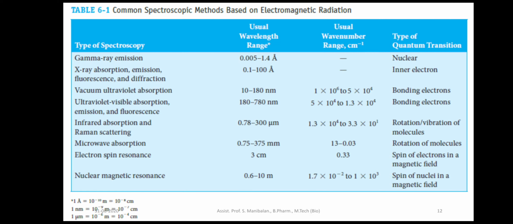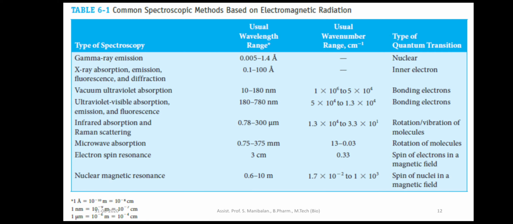The concept is the type of spectroscopy. Gamma ray emission is the very first one, with wavelength in Angstrom, and the type of quantum transition is nuclear.